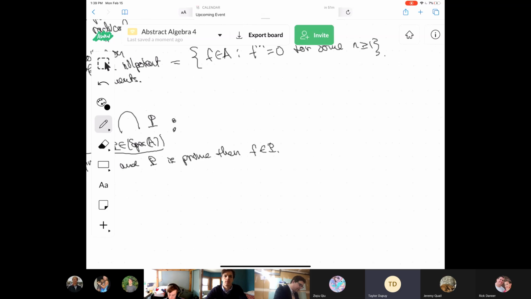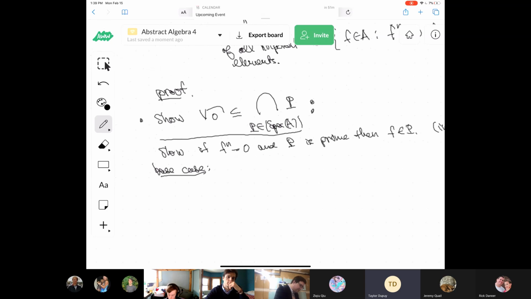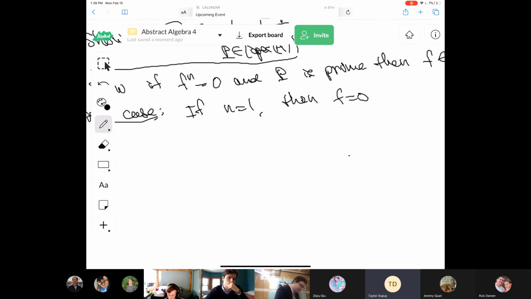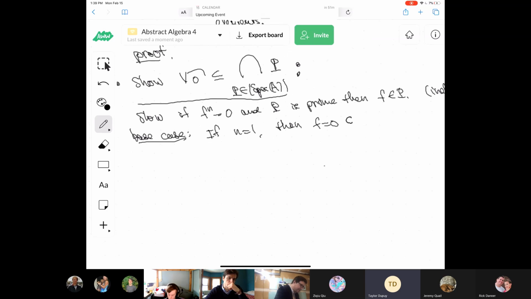We're going to do induction on n. If n is equal to 1, then f is equal to 0, which is in p. Every ideal contains the 0 element, because you can just multiply elements times 0 and it's in there. Okay, so let's do the inductive step.